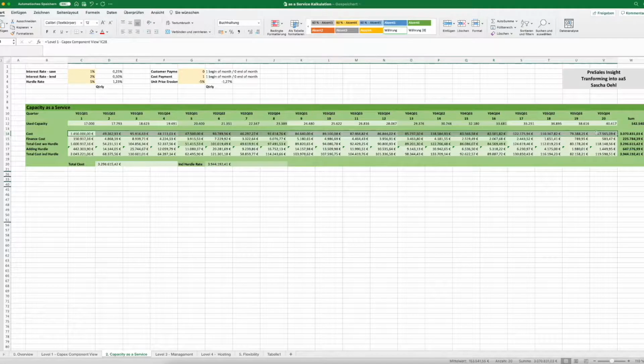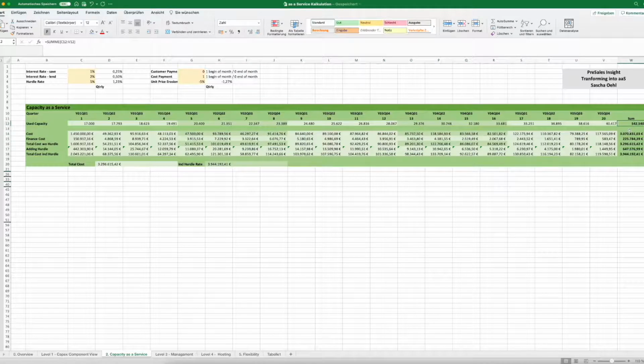You see, these are exactly the same numbers as we have seen before. It turns out that over the period of 20 quarters, we are settling like 542,000 units to the customer, which is 3 million of CapEx costs that we have to carry.